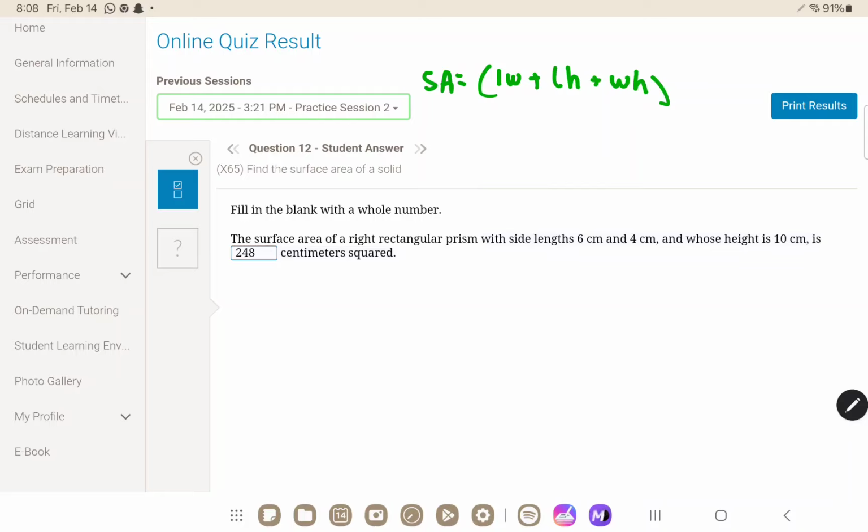Sorry, 2 times all of this, my bad. So 2 times 24 plus 60 plus 40, which when you put in your calculator is going to be 248. Now, on to the next question.